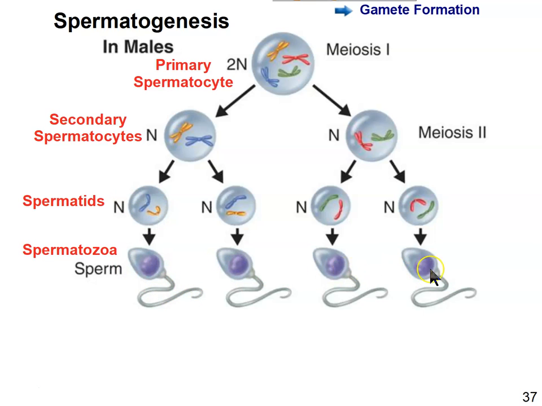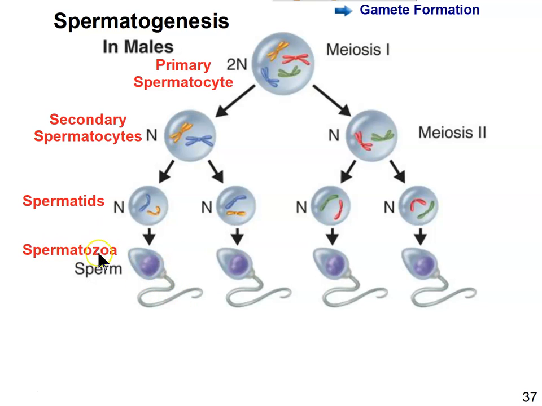So the technical term for sperm is spermatozoa. We just call them sperm for short because it's a lot easier than saying spermatozoa. And they kind of look like little protozoa, right? Flagellated protozoa.